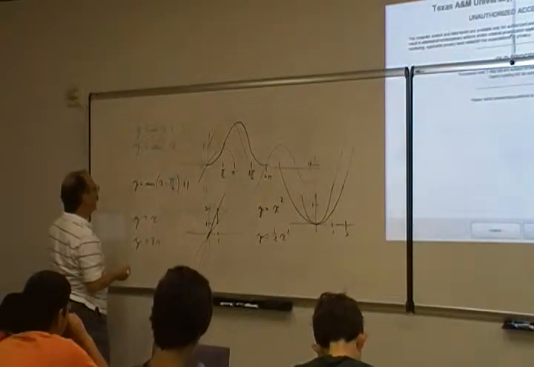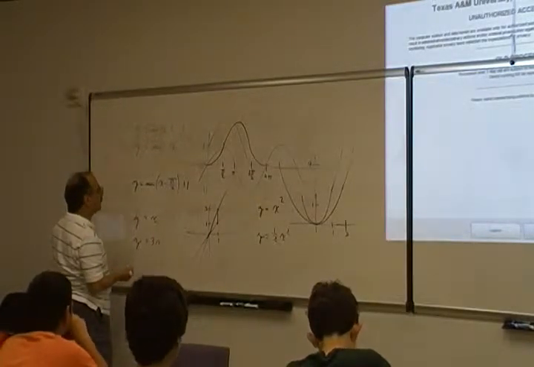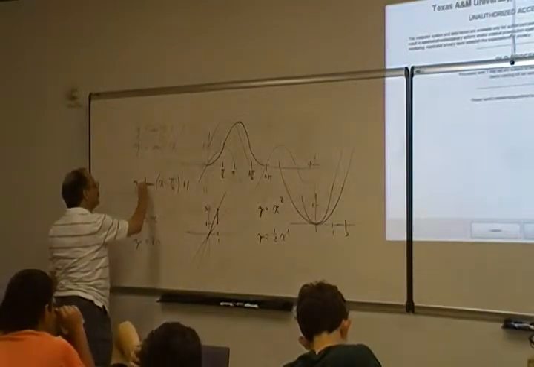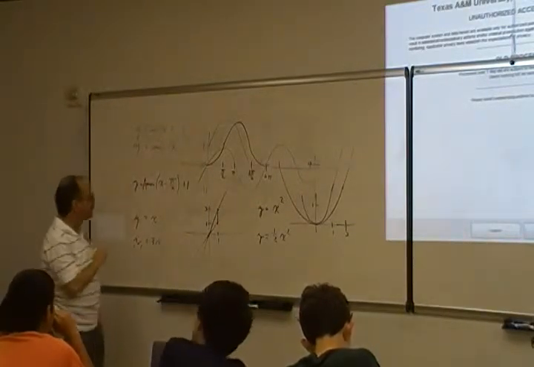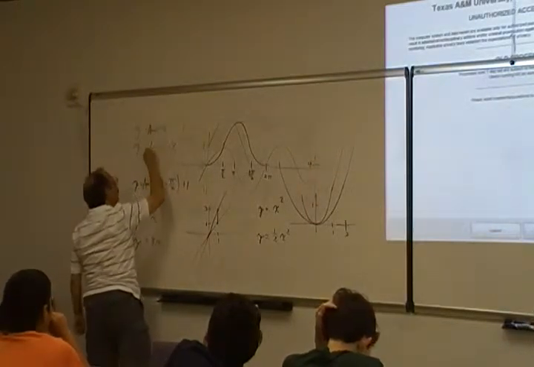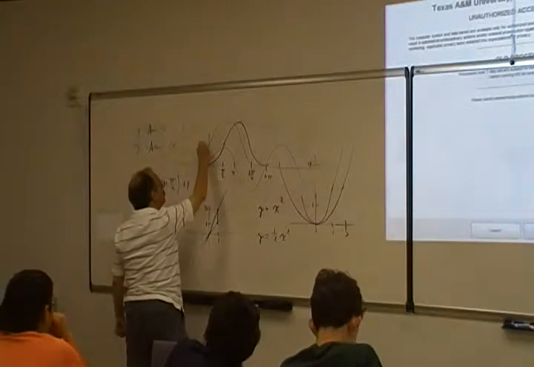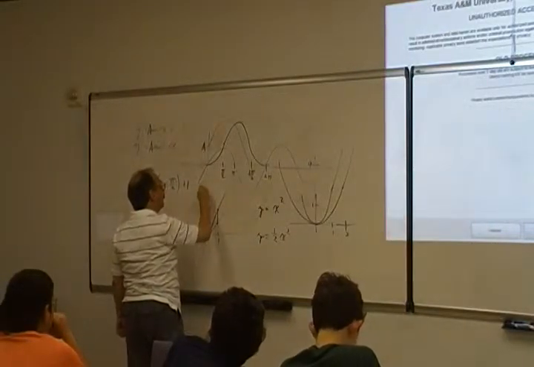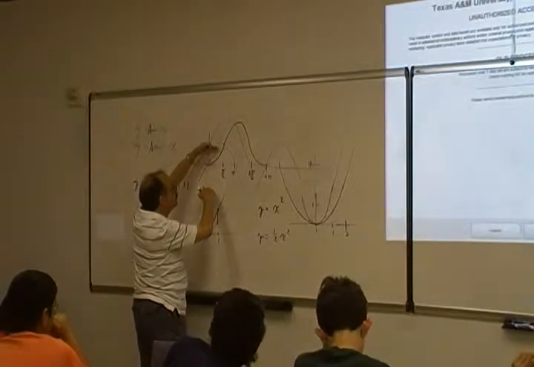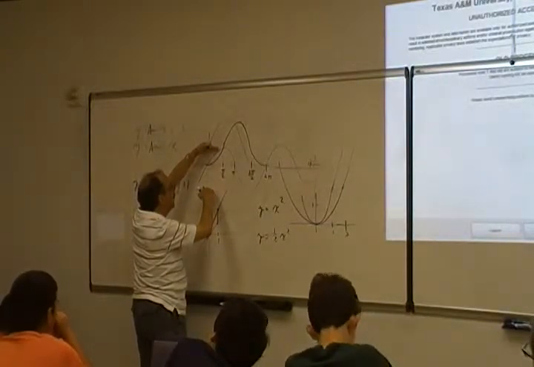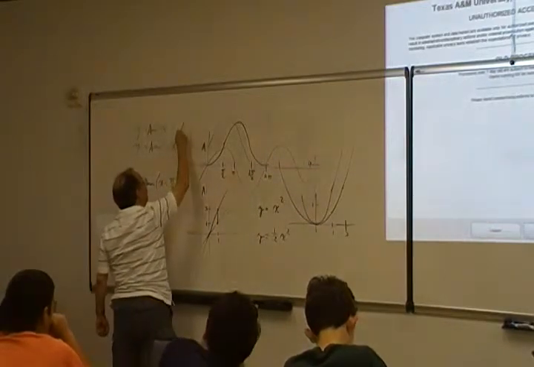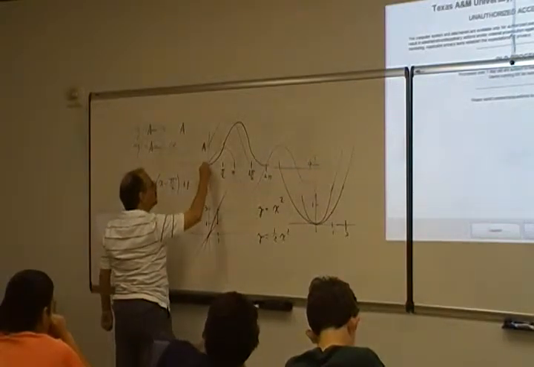A is the letter we tend to use. What that will do on the original function is make this become A, and stretch it so that instead of going from -1 to 1, it goes from -A to A. Then if I shift it up by A, the graph will be right.